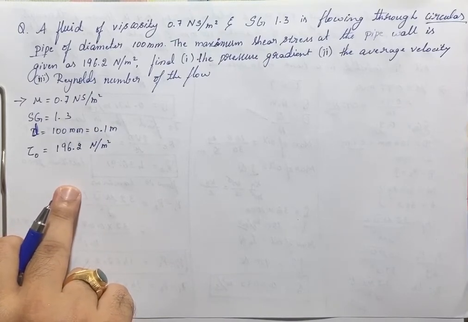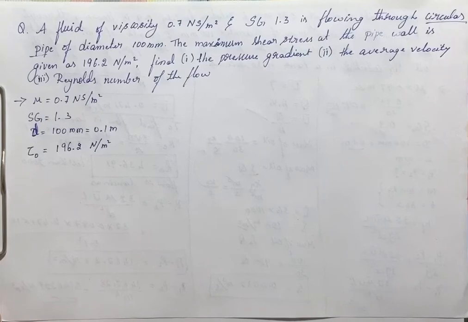In a pipe, only at the pipe wall. Maximum shear stress happens only at the pipe wall, but the maximum velocity will be only at the center of the pipe, right? Again I am repeating, maximum shear stress happens only at the pipe wall, but maximum velocity will be only at the center of the pipe.